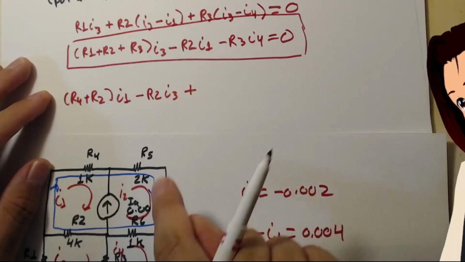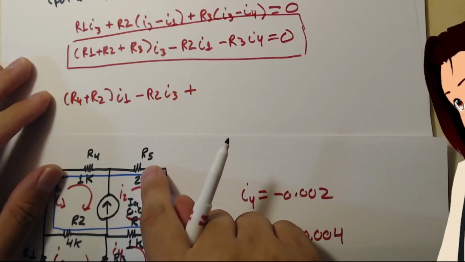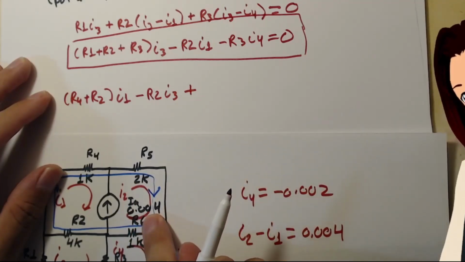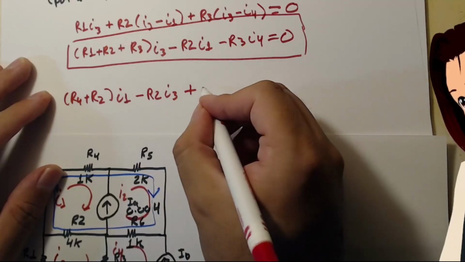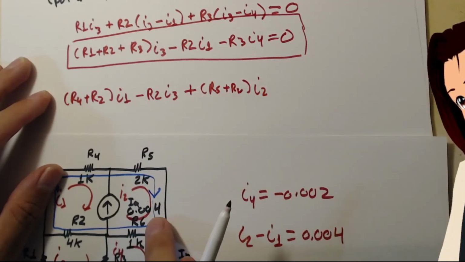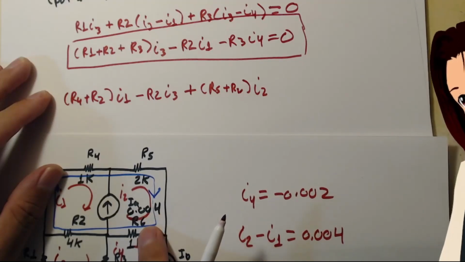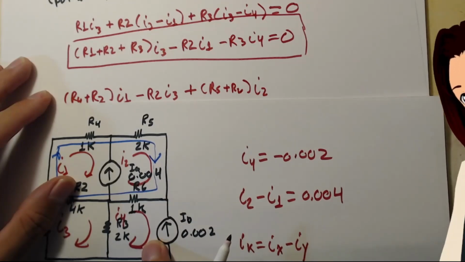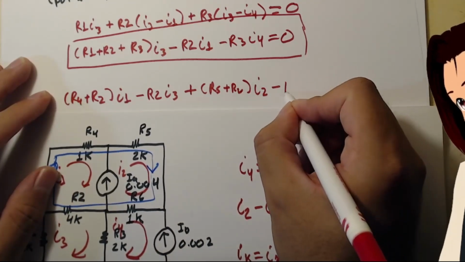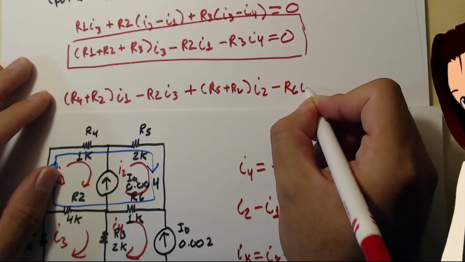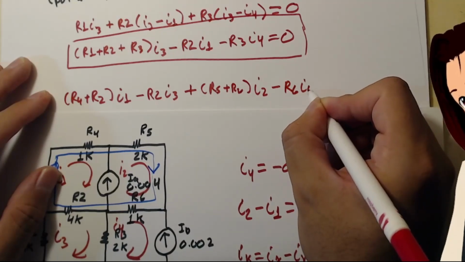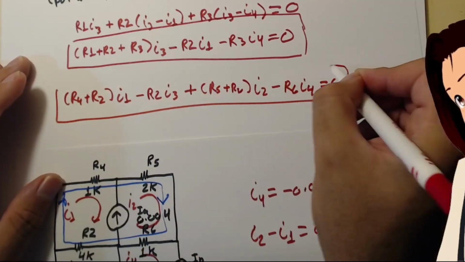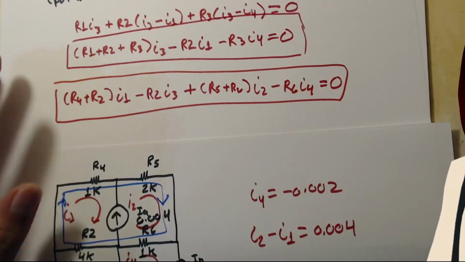And now I do the same thing for loop 2: R5 plus R6 times I2. And since R6 is shared with mesh 4, we have to subtract R6 times I4. And that's equal to 0. And there is your supernode from inspection.